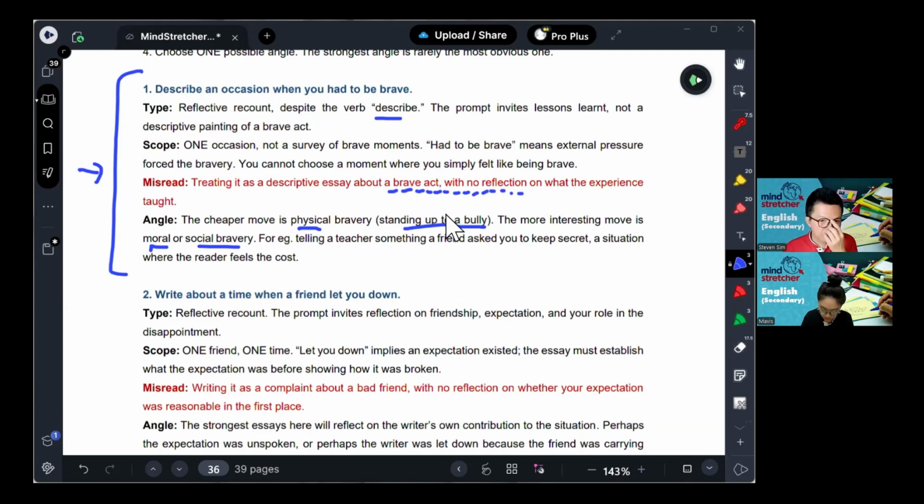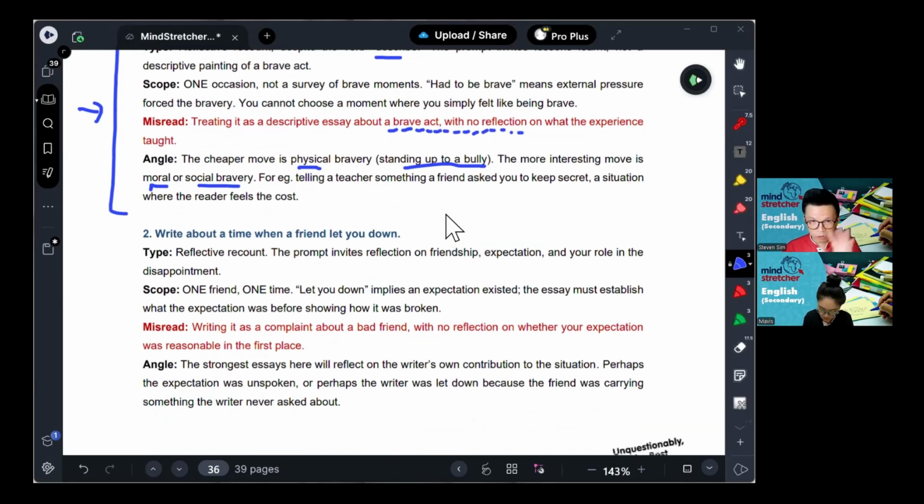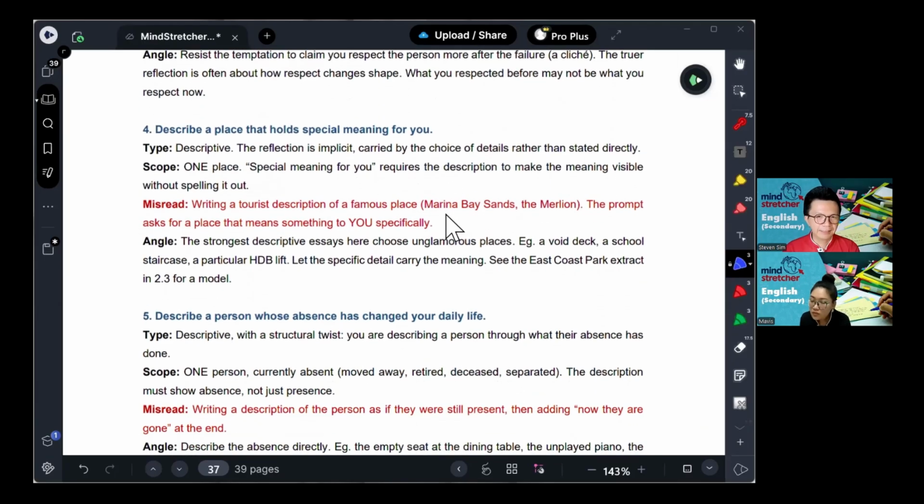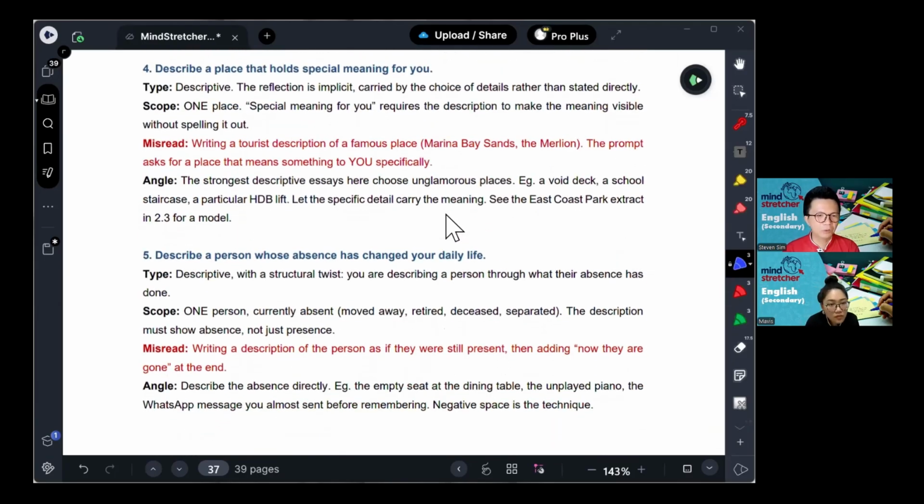Okay. So this section here, I've given you lots and lots of examples. Okay. Very common essay questions, and all the ones in red are all the places where students end up going off topic, or they're not maximizing the opportunities given by the question.